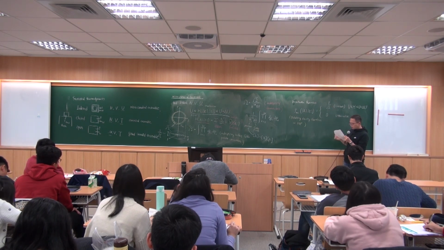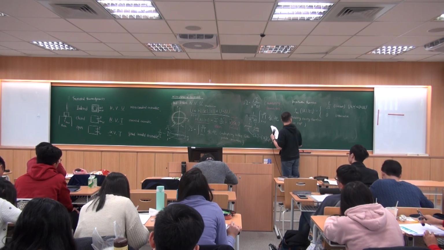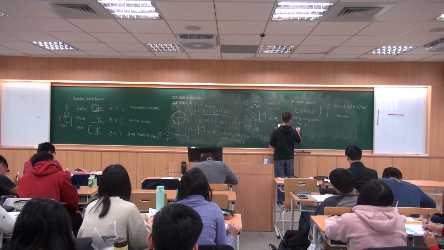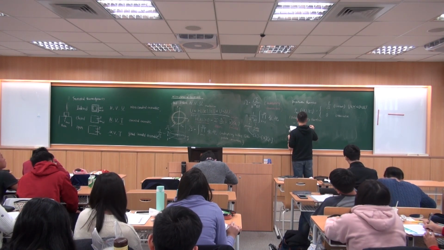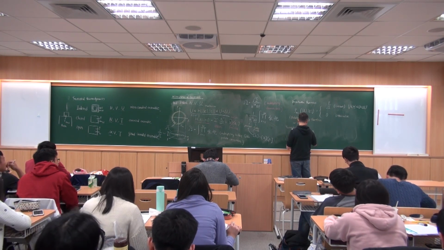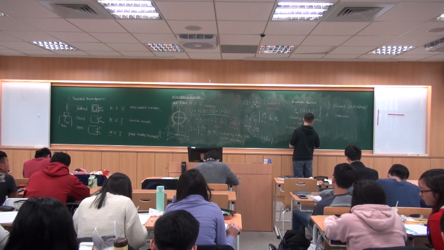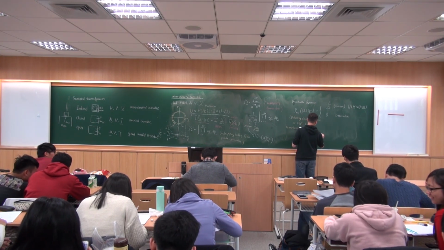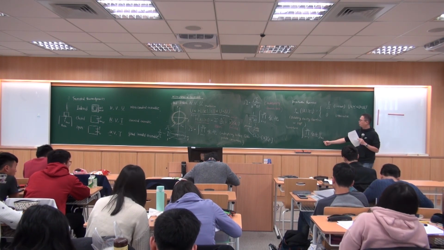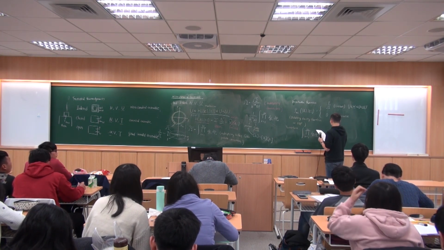So if you integrate this microcanonical ensemble probability density function throughout the whole phase space, based on this definition, this will be 1.